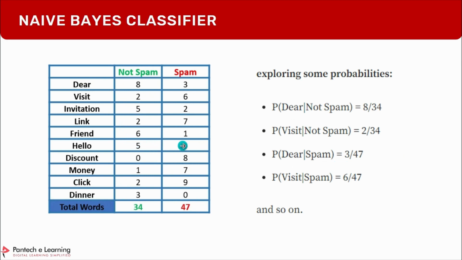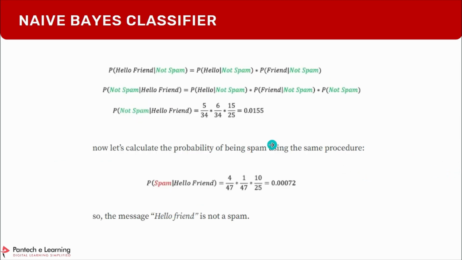See here, this is 4, and we have our friend here. With that, it is going to calculate the probability for spam. So this is 15 by 25, and here it is 10 by 25. The remaining 10 is here. If you calculate it totally, this value is going to be around 0.00072. So who is the majority here? The probability majority is for not spam, so that will be selected.